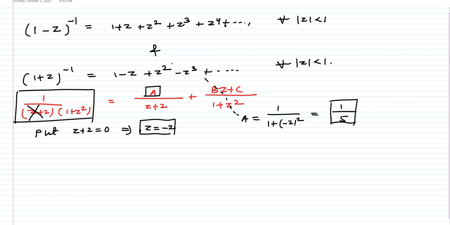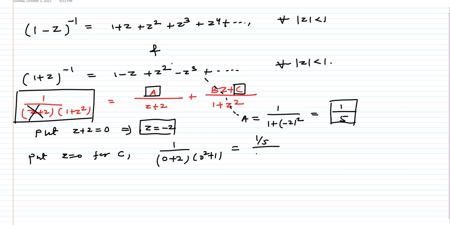So now for finding the value of c, we need to put z is equal to 0 for c. So if we put the value of z is equal to 0 in the whole term, that is 1 upon 0 plus 2 times 0 square plus 1. The value of a, that is 1 upon 5 upon 0 plus 2, plus here we will get b multiplied to 0 plus c over 1.